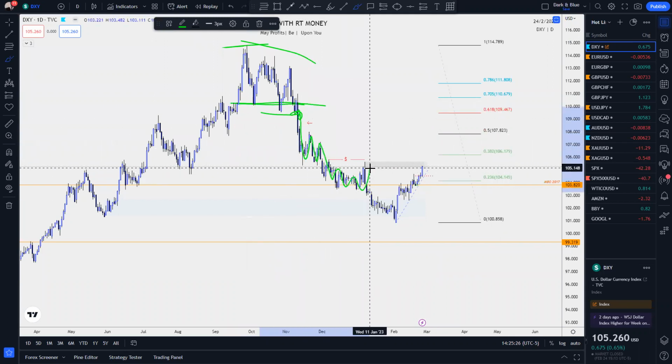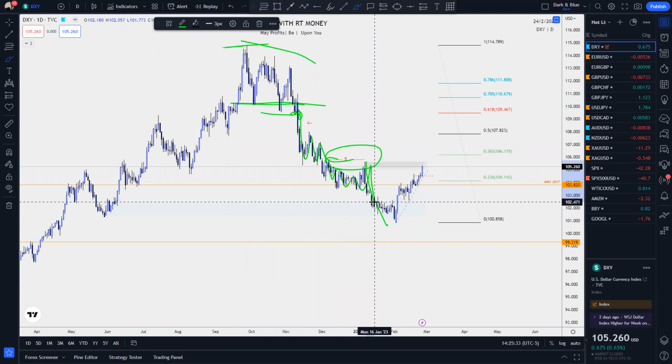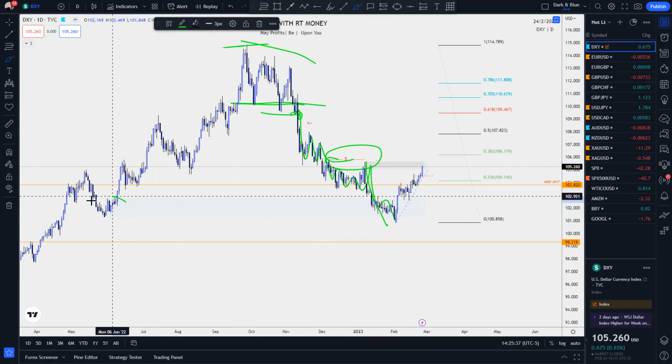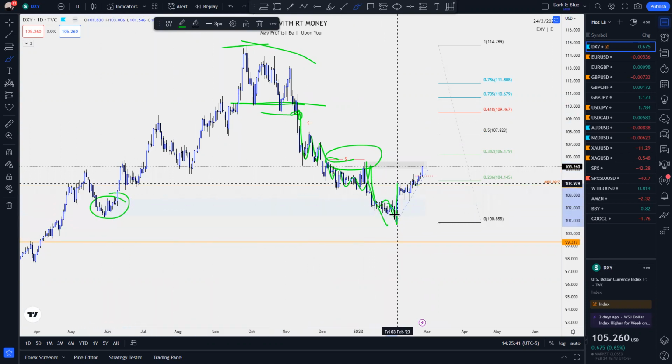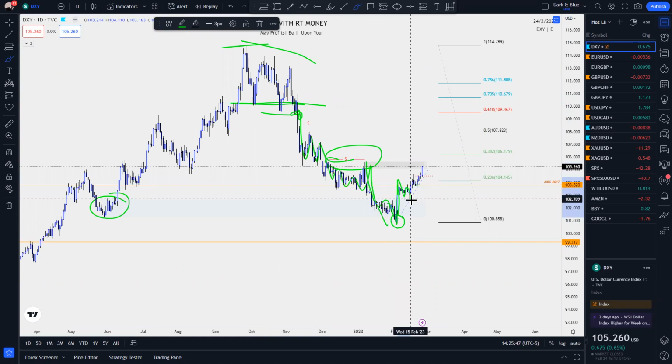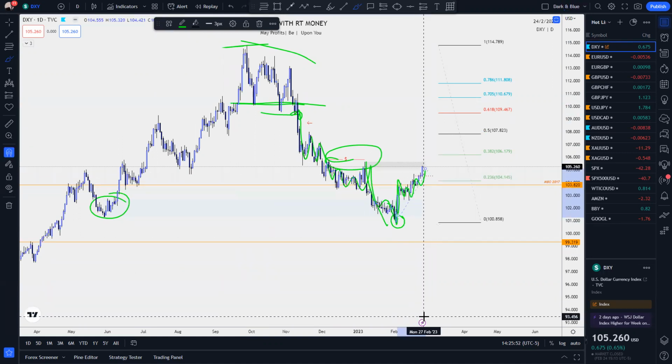It came down, left these relative equal highs around here, formed a bearish order block there, and then ran into this demand zone. Price found its support here, and you saw that thrust up, pulled back a little bit, and then continued higher. This is where we are now.